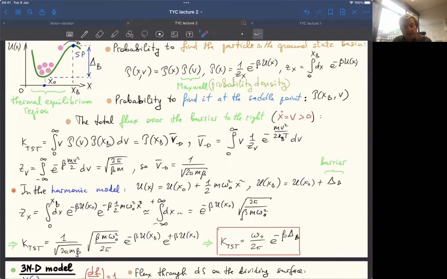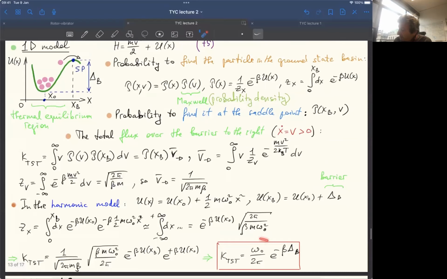So this is 1 over the period of oscillation. So basically, this expression can be interpreted in the following way. The transition probability for a single attempt is proportional to this exponent. The larger the barrier, the lower the probability.